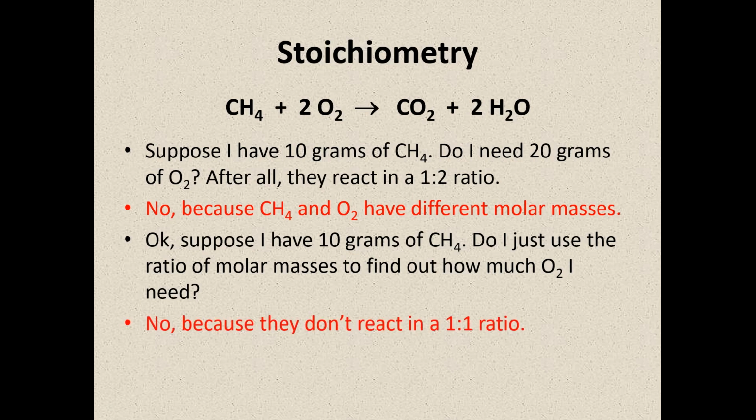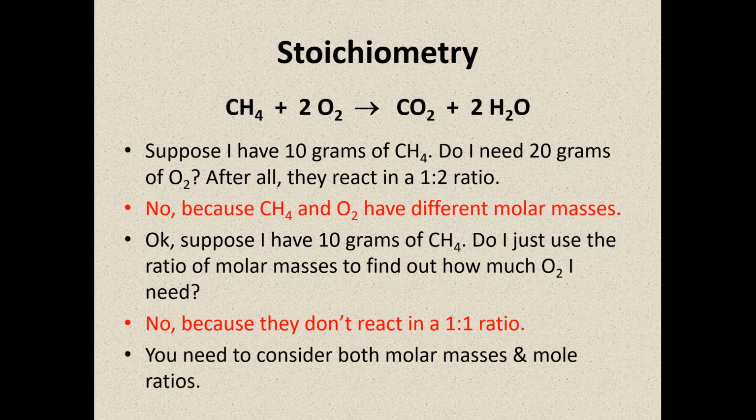The answer to that question is also no, because now we've erred in the other direction. That is, they don't react in a 1-to-1 ratio. They react in a 1-to-2 ratio. So you need to consider both the molar masses and the mole ratios. That is, we need to consider the fact that methane and oxygen are reacting in a 1-to-2 mole ratio, but then on top of that, that they also have different molar masses.